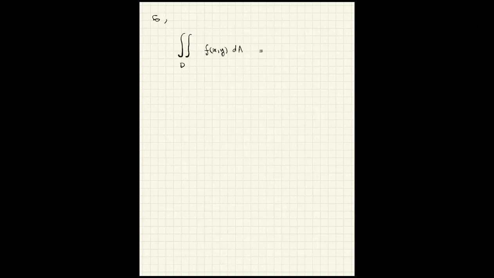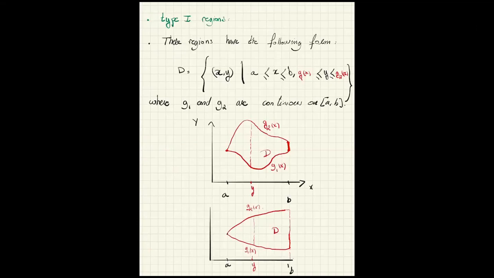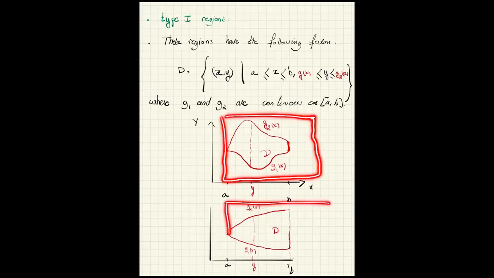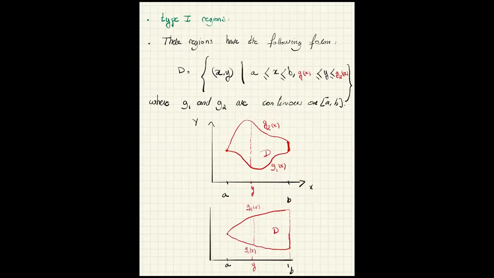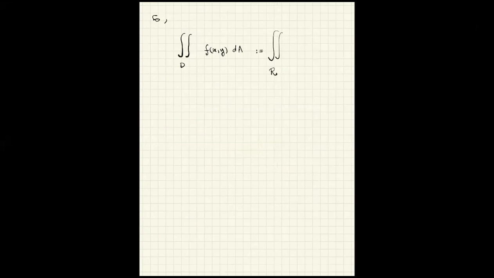It is equal to the integral over r, because we can always bound the region by some rectangle that contains these regions. Remember, that's the definition, of some rectangle r of the function f(x,y) dA.